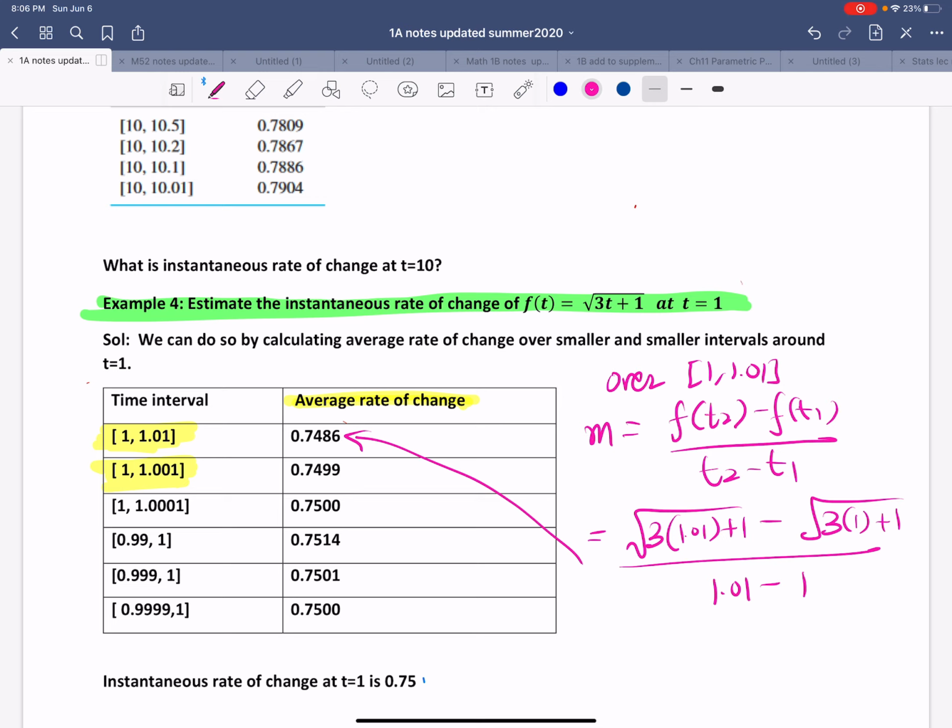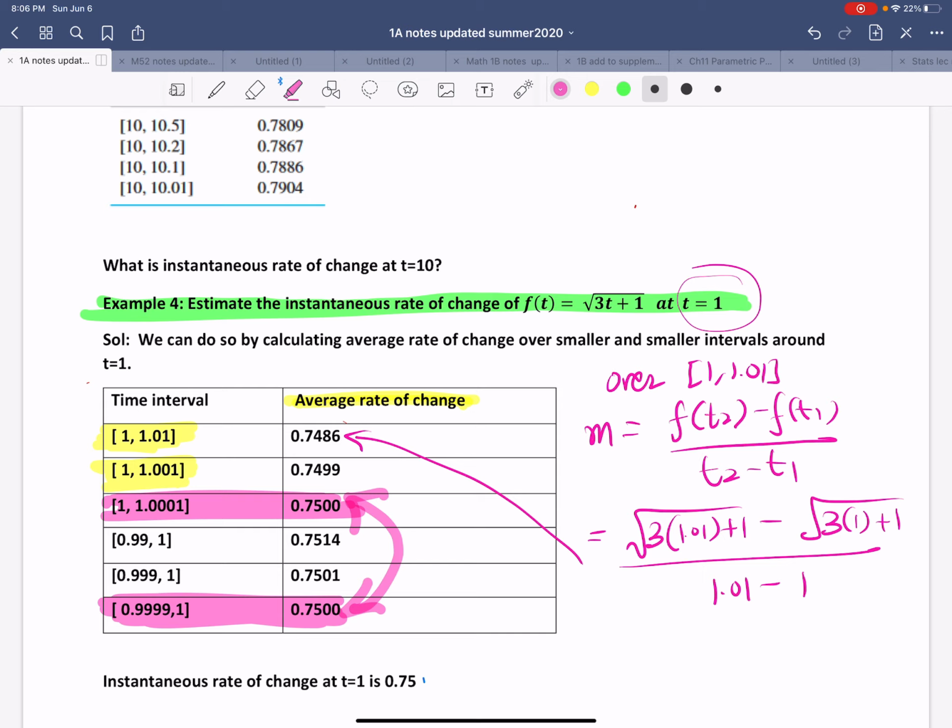And finally, because I want to estimate at t equals 1, I want to pick the interval that is closest. Looking over here, the closest are these two intervals, coming from the left and right hand side, which are really, really close to 1. 1.00001 and 0.99999 are very close to 1.